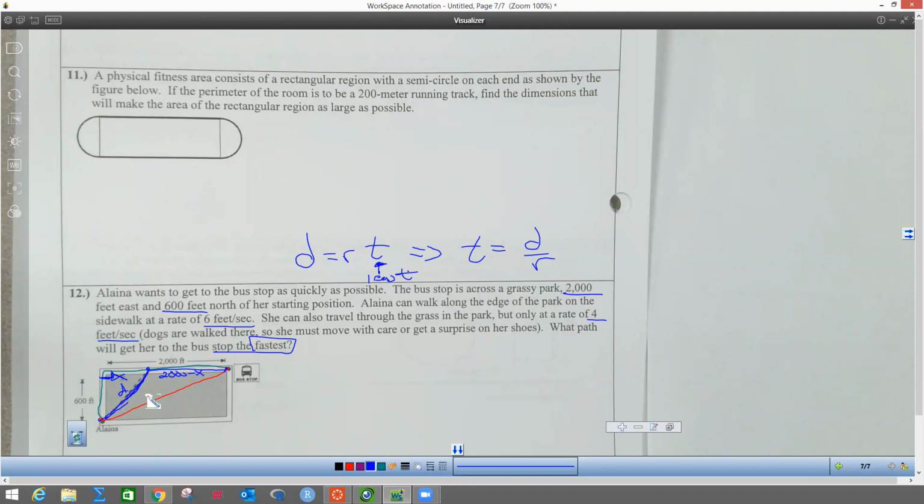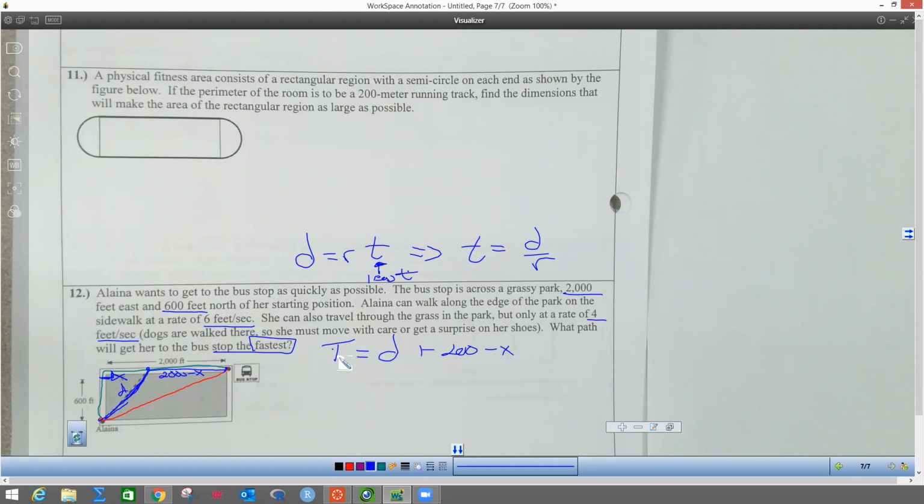Okay? So to get the total distance she's traveling if she cuts across, let's put t for total. The total distance she would travel cutting across would be d plus 2,000 minus x. That would be the total distance she would cross, right?